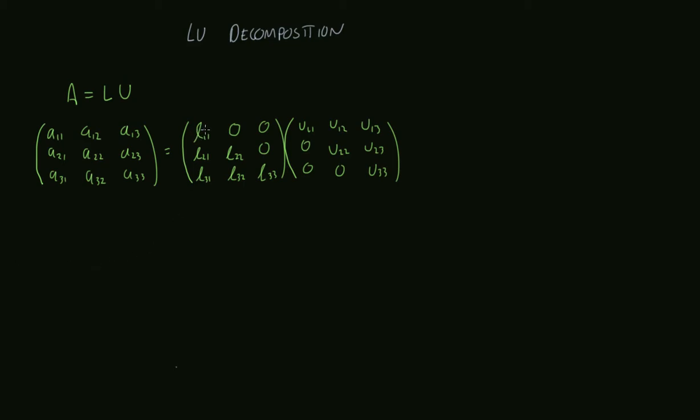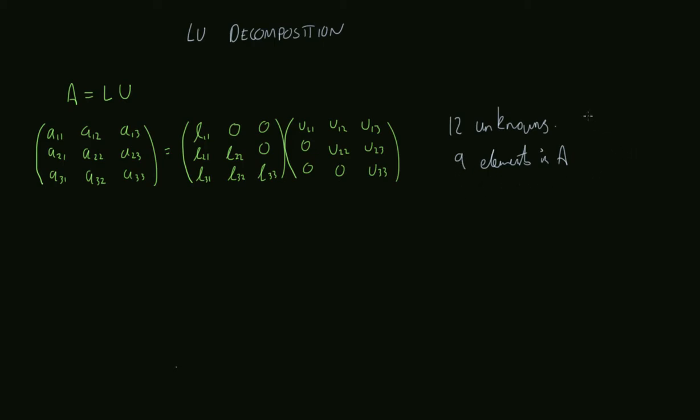If we count up the number of L's and U's here, we have 12 unknowns, which we have to calculate. And if we look at the number of elements in A, we've only got 9. So if we wanted to calculate unique values for L and U, we couldn't do it, because we've got 12 unknowns and only 9 elements.